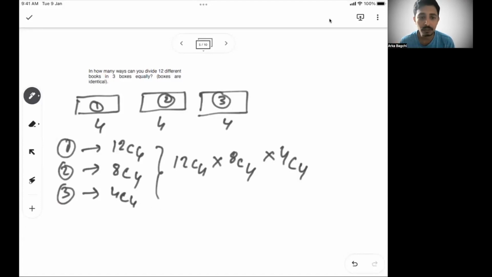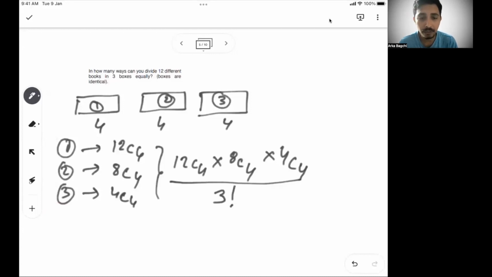They said the boxes are identical. So if I have 12C4, 8C4, 4C4, but then since the boxes are identical, it does not matter which box I choose. So the 3 boxes can be arranged among themselves in factorial 3 ways. So I have to divide by factorial 3. Again, understand this.